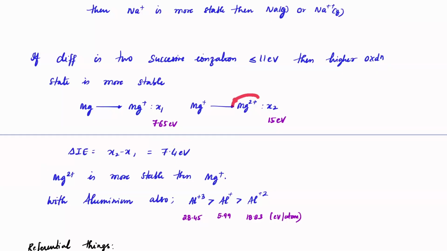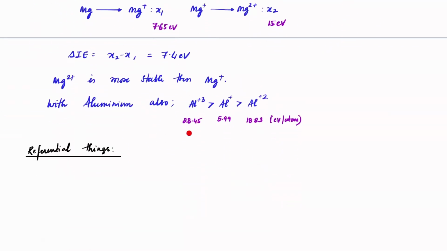Hence, the higher oxidation state will be more stable. In the case of aluminium, the values are 28.45 electron volts, 5.99, 18.83, which suggests that aluminium plus 3 is more stable than Al plus. Clear? So I think up to this point, I hope you guys got an idea.